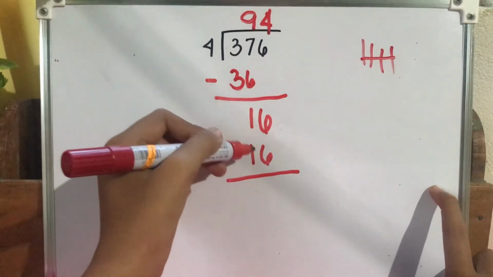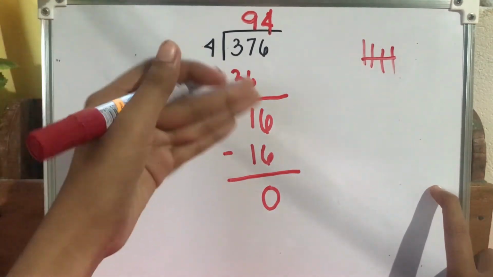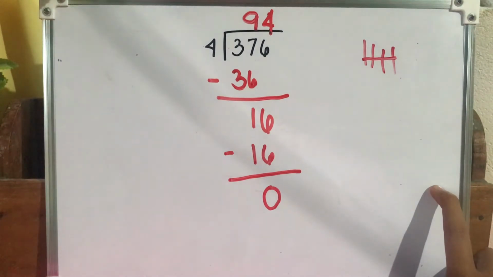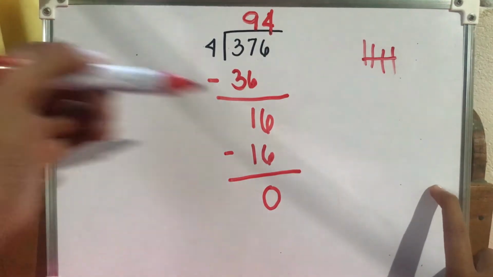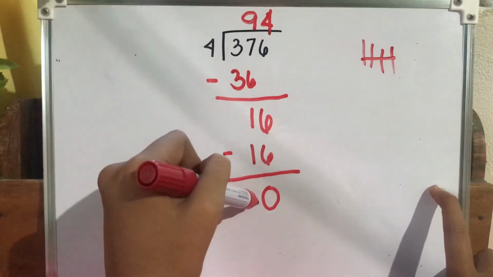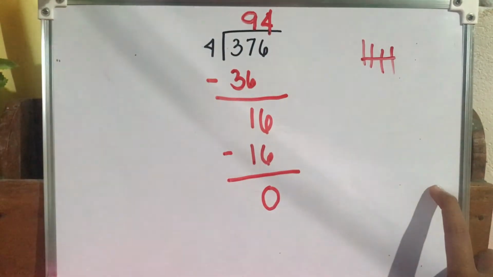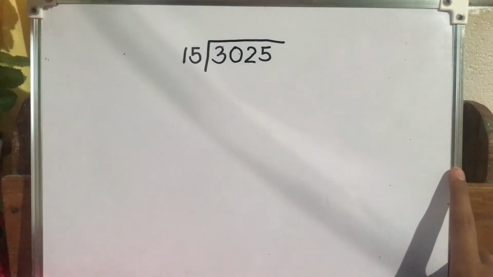So 16 minus 16 equals 0. So this division sentence is without regrouping. So no regrouping. That means the bottom part here should be 0. So the final answer is 94. Okay, let's do another example.